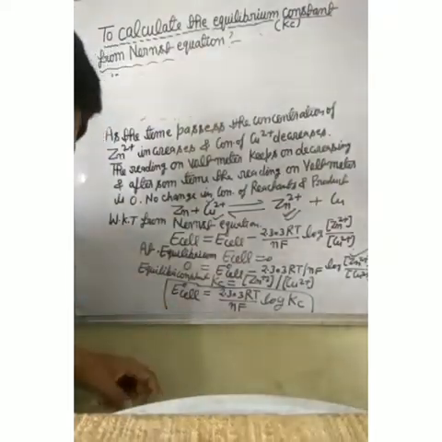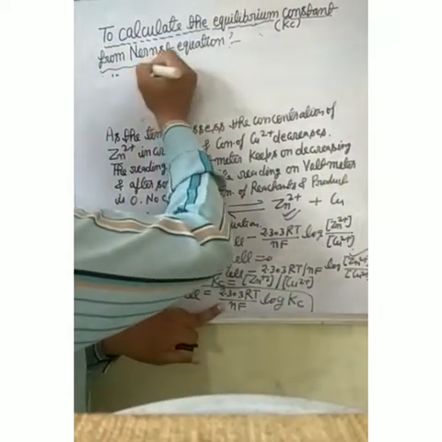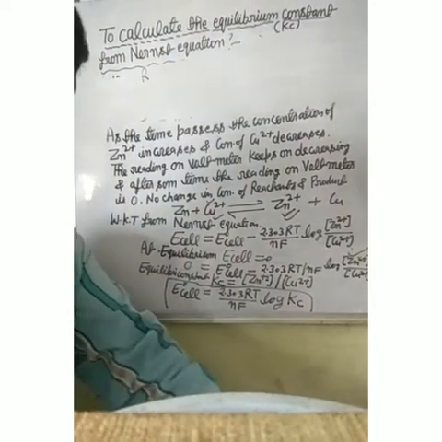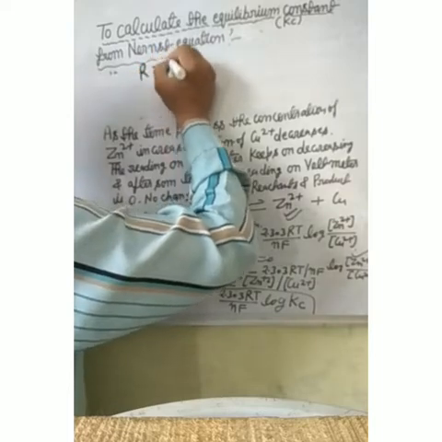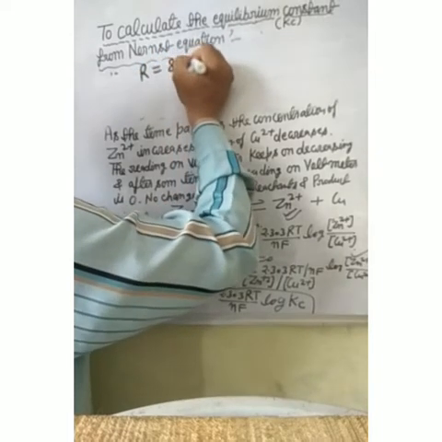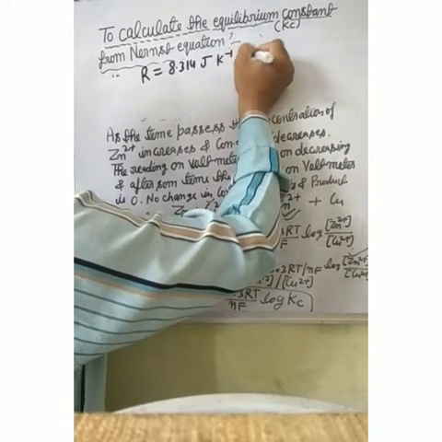So please look here, putting the values. R, the gas constant, is equal to 8.314 joule Kelvin inverse mole inverse.